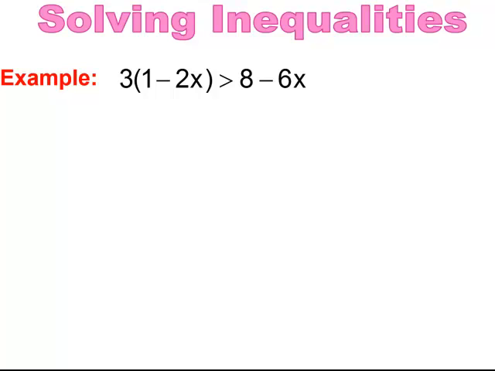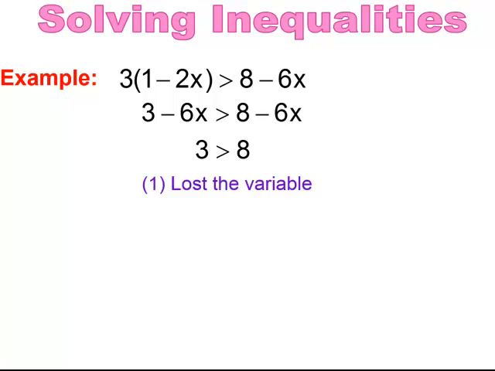This next example, again, we're doing the distributive property here, so I end up getting 3 minus 6x is greater than 8 minus 6x, and when I get the variables together, I'm adding 6x to both sides, you see the variable is eliminated. So the variable goes away, but when I look at my statement, it's saying that 3 is greater than 8. Well, 3 is not greater than 8, it's a false statement.